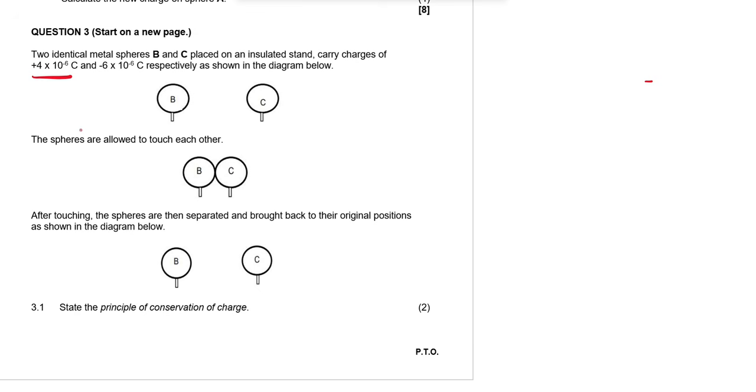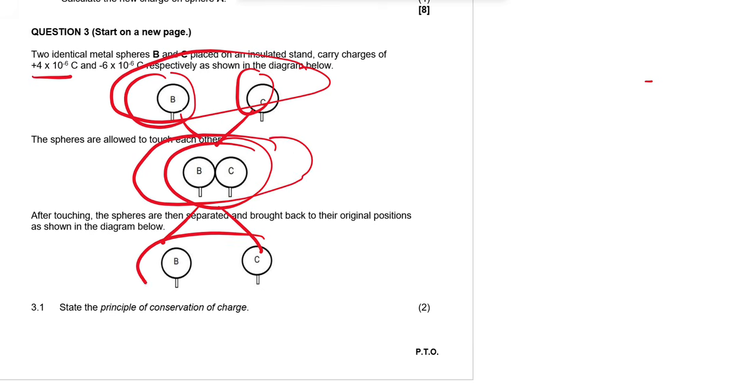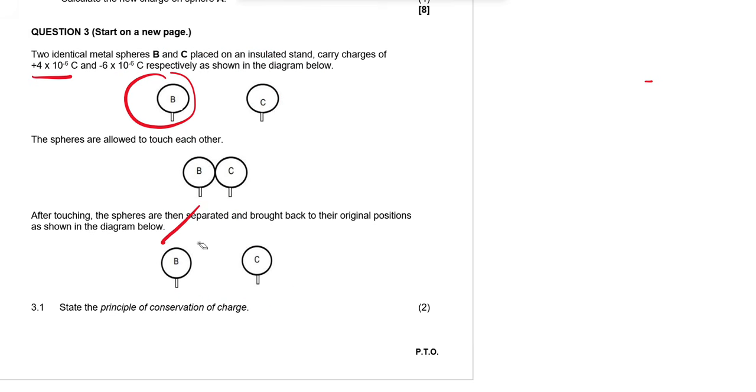As you can see, the spheres are now brought together. After touching, they separate. They were separated before, they touch, and then they separate again. Okay, starting from this part, they touch, they separate.